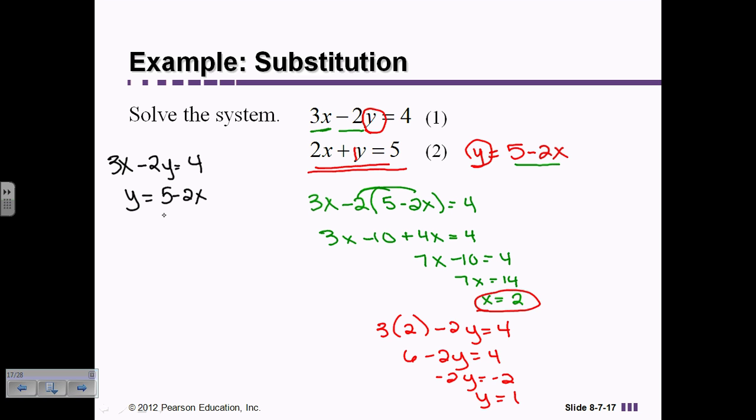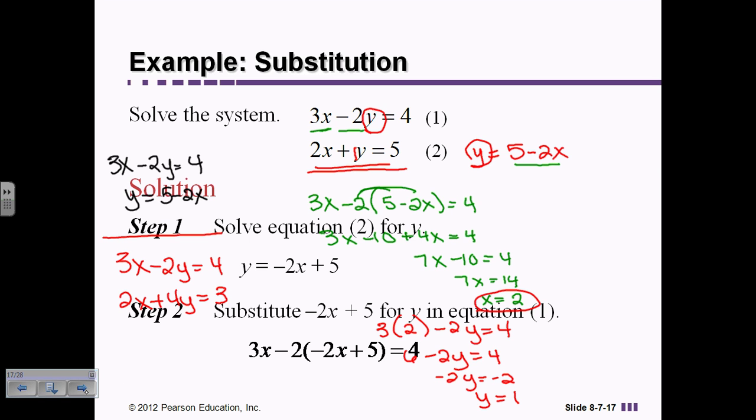If the problem was given to me in the form 3x minus 2y equals 4, and 2x plus 4y equals 3, then I would tend to do elimination because it's already in standard form and I can work it out. I can see that if I'm going to try and do substitution, I'm going to end up with fractions to deal with. So it's not really a pleasant problem to do substitution on. So when you're doing these problems, you've just got to use your judgment. I would be very, very comfortable with substitution and elimination method.